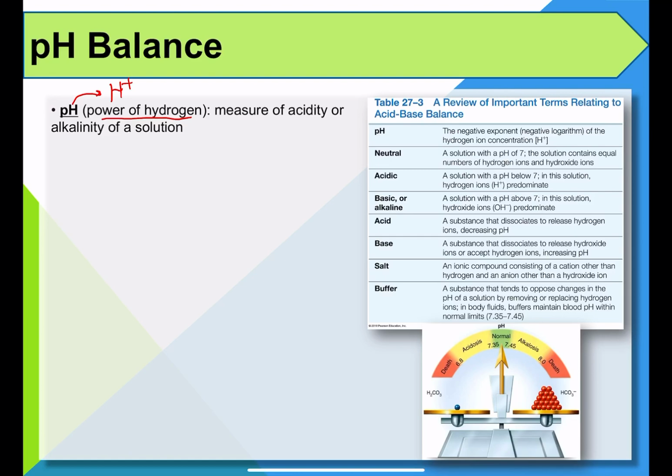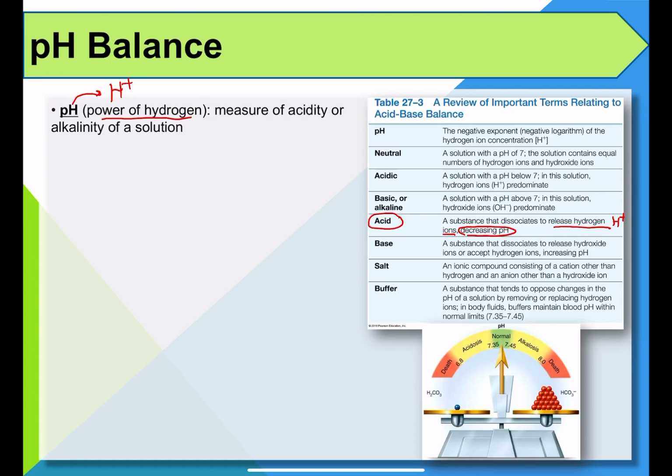Okay? Now, the definition of an acid, in case some of you don't know, this table summarizes all the basic definitions of acid-base stuff. An acid is any substance that is able to release hydrogen ions, and it will decrease the pH of the solution when we add an acid.